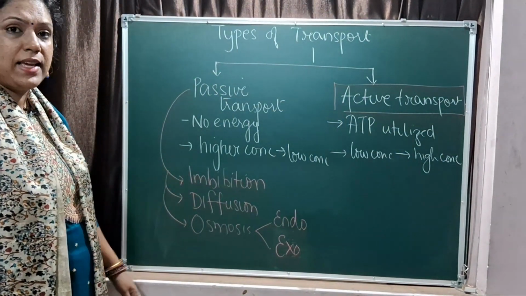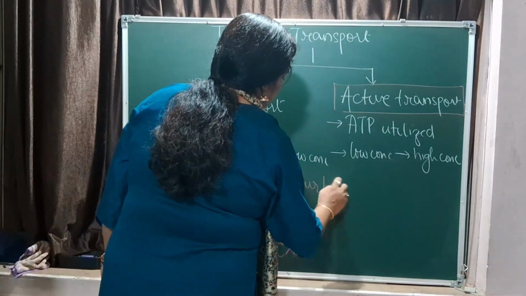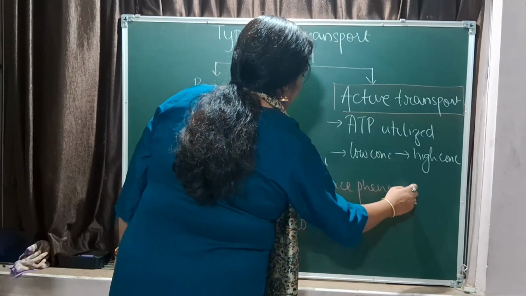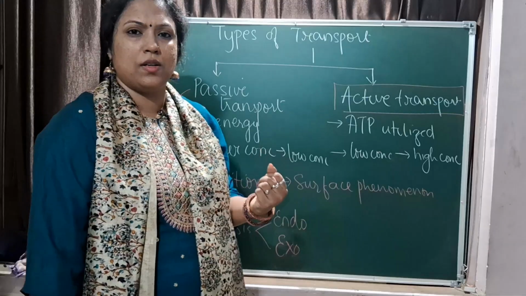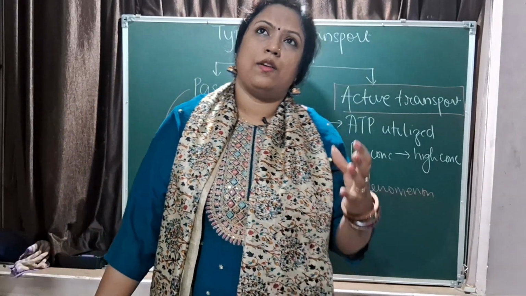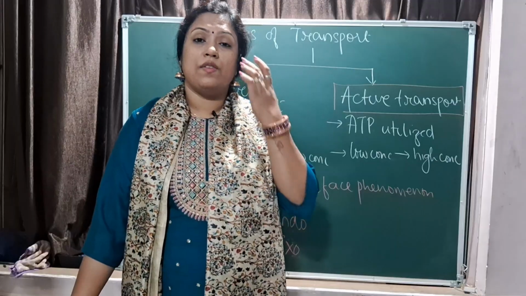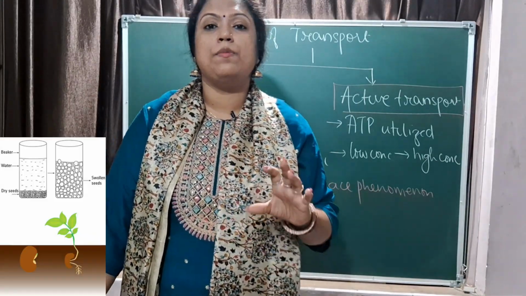Now, when I say imbibition, it's a surface phenomenon. So, how do the dead parts of the plant absorb water, right? Like in the rainy season, generally the wooden doors get jammed, or even in the germination of seed, the initial soaking of water is imbibition.